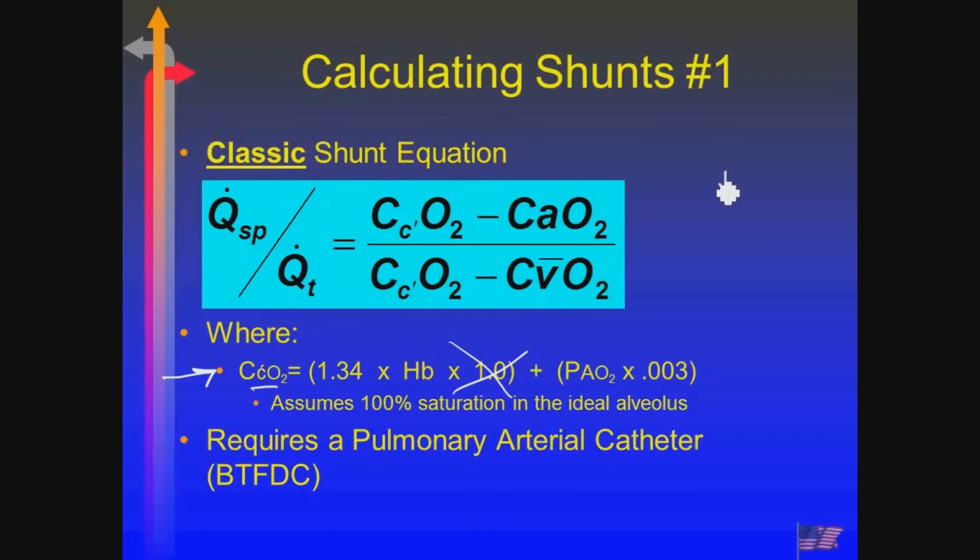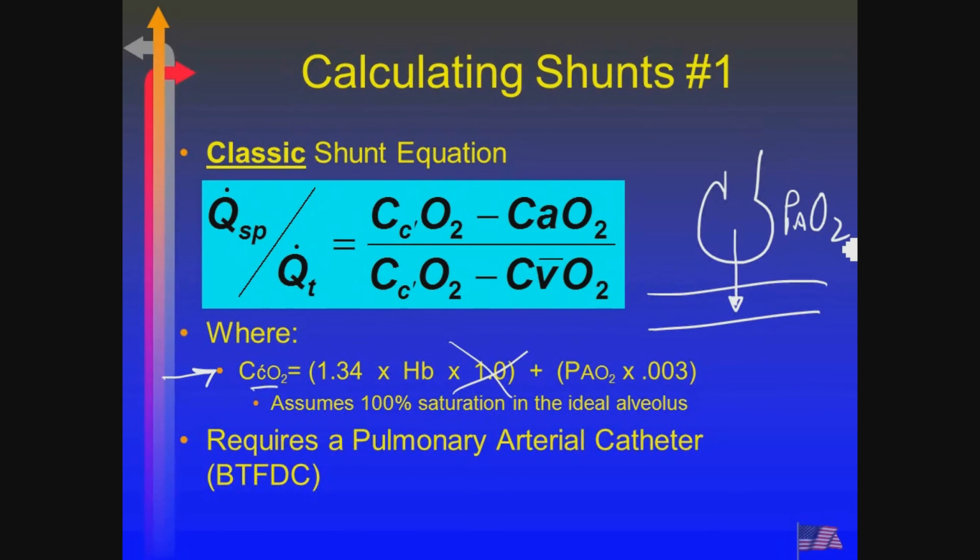This end capillary is this beautifully wonderful situation where every bit of oxygen in the alveolus gets across. So that's why we have the alveolar partial pressure times 0.003. The dissolved component is whatever is in the alveolus.